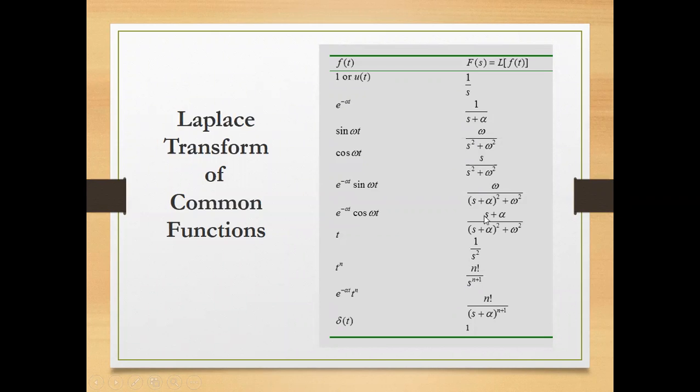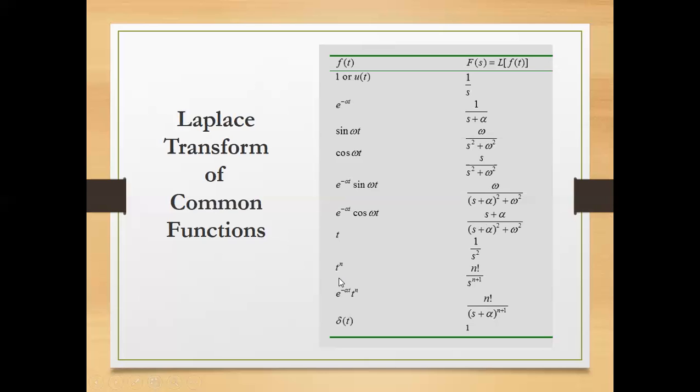What do you do with the s? You add to that s the value of the alpha, the constant that appears in the argument of your exponential expression. If your exponential expression has an exponent which is negative, the shifting is positive. So you add to the s in the original answer the alpha. But if this is positive, it should be subtraction here.